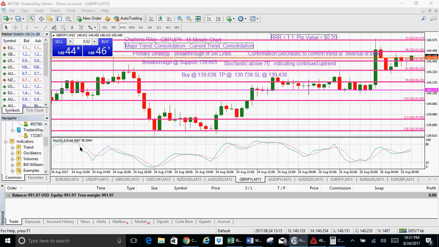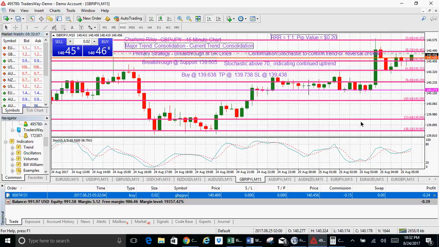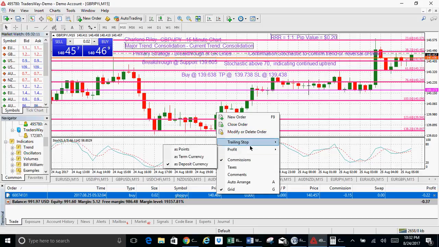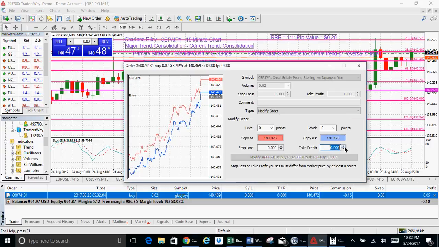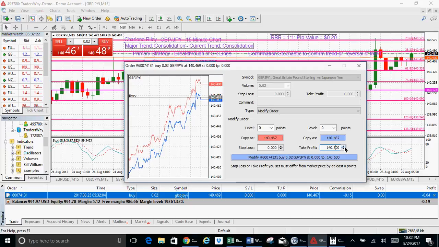So because of that, that's my trade setup to enter into a buy. So I enter into a buy, and I'm going to set my take profit at 10 pips above and set my stop loss at 10 pips below.